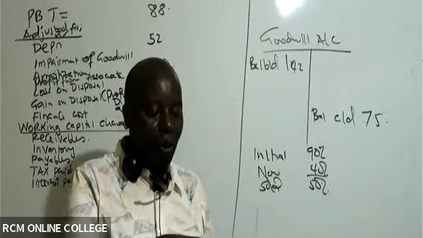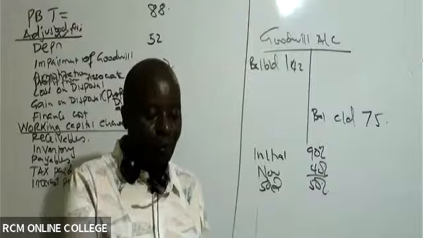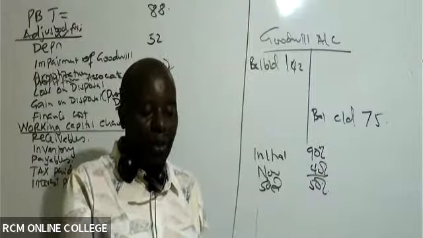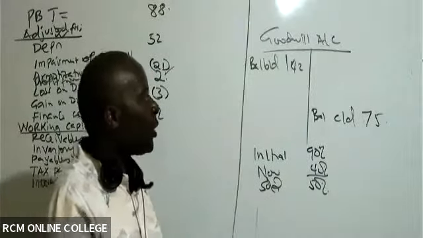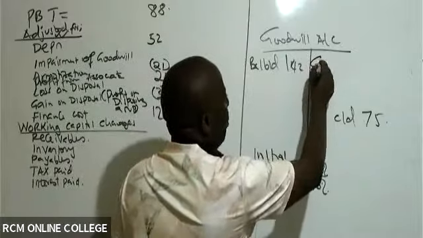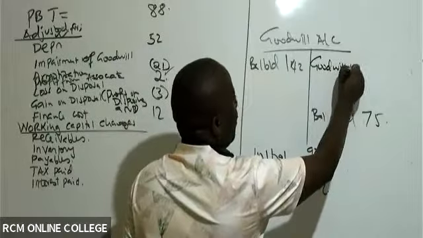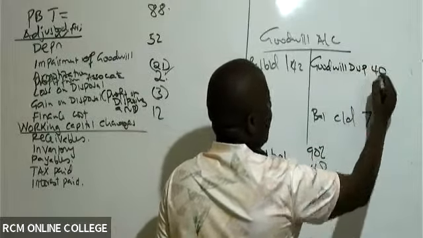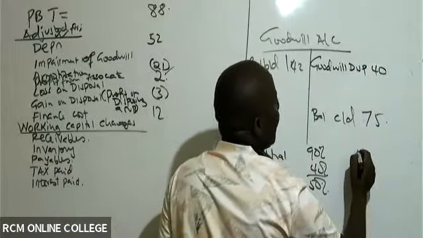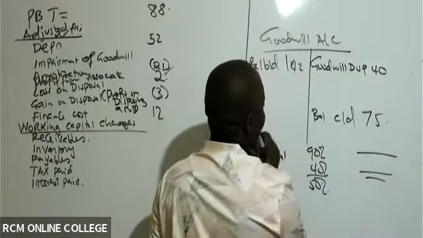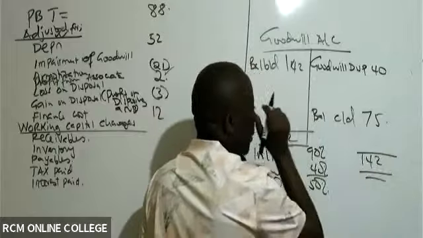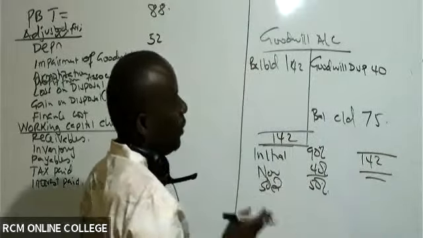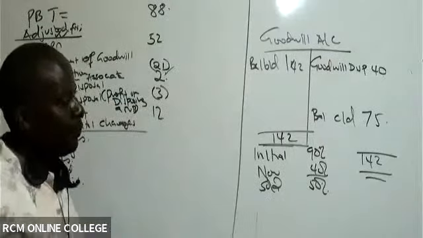Let's see the last statement. Goodwill and non-controlling interest at the disposal date was 40. I'm concerned with goodwill disposed, so here we have goodwill disposed, 40. So come and do the balancing for me. I'm able to see 142 is bigger. So 142 minus 75 minus that 40 disposed.